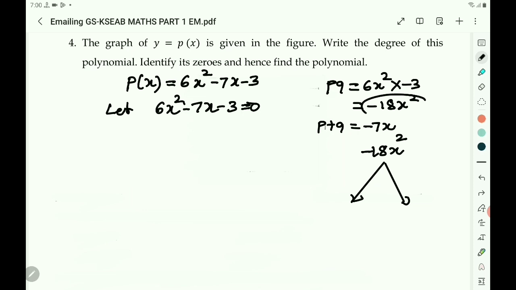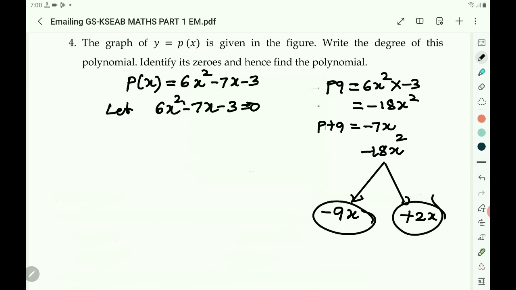Here the product has a negative sign, so the factors have different signs, and the greater factor has the negative sign, that is minus and plus. And in which table is 18 there? 9 and 2: −9x plus 2x. The product of these two is −18x², and −9x plus 2x is −7x.